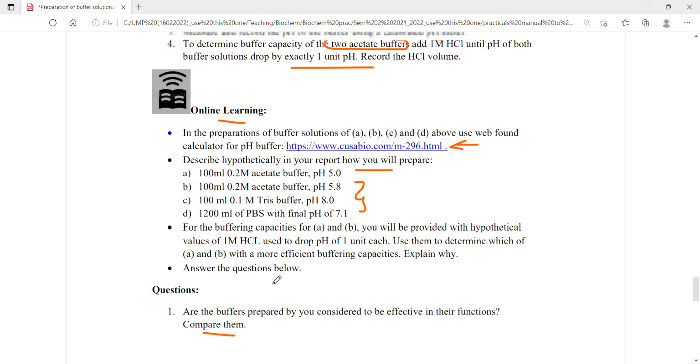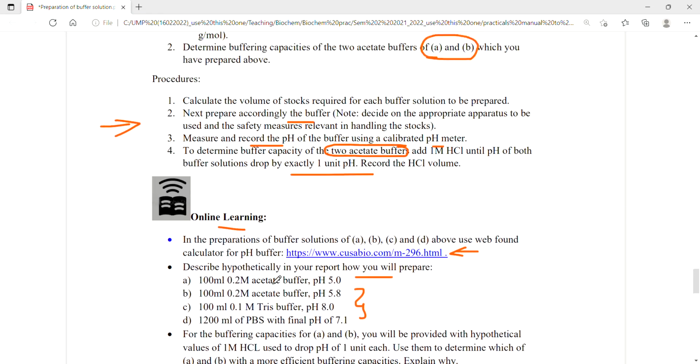Okay, so that's it in terms of this practical video. Hopefully it will be helpful when you prepare the report. Again, unable to do it in practice, but it is more theoretical.